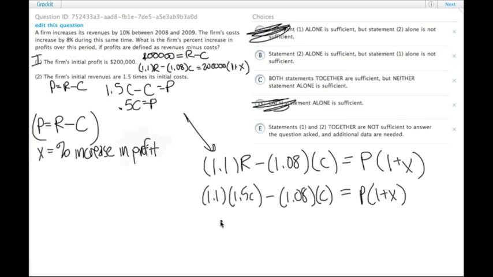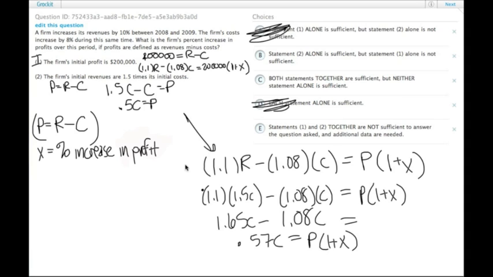And so, 1.65 times the costs minus 1.08 times the costs equals that thing, which I'm just going to leave there. So we get 0.57C equals that thing, the increase in profit. But then we also still have this thing over here that we can put in down here, which is given in terms of profit. So now we've gotten rid of our final remaining variable.